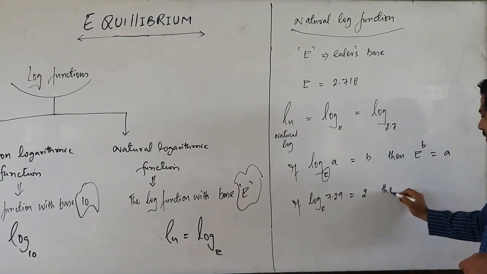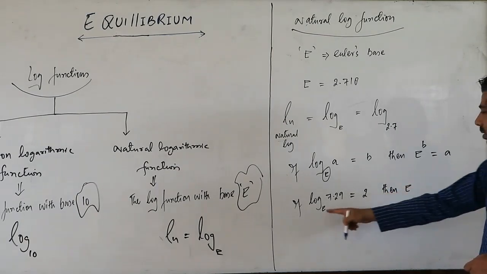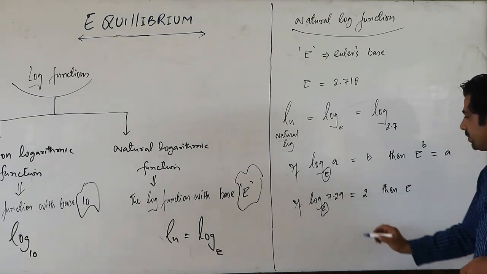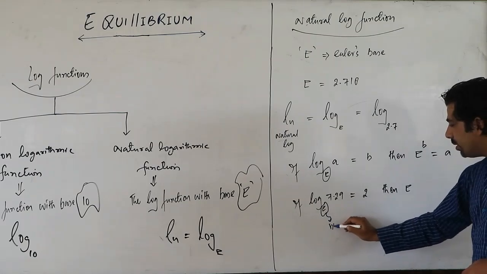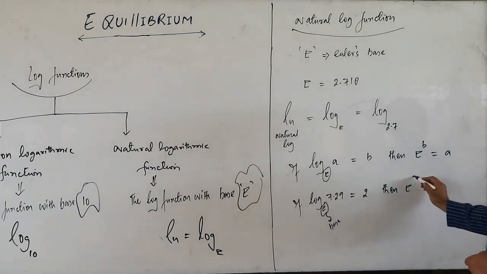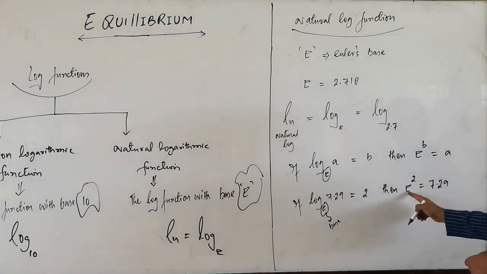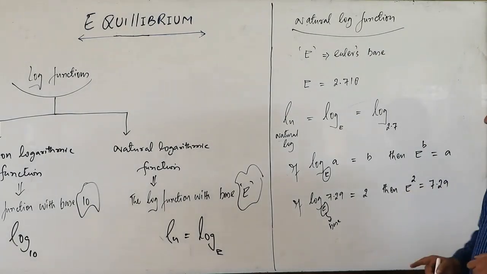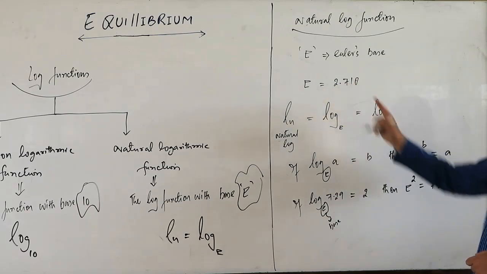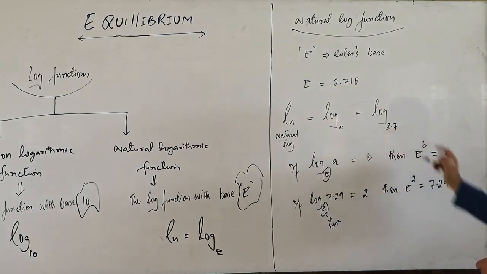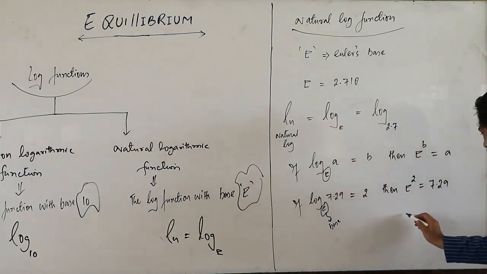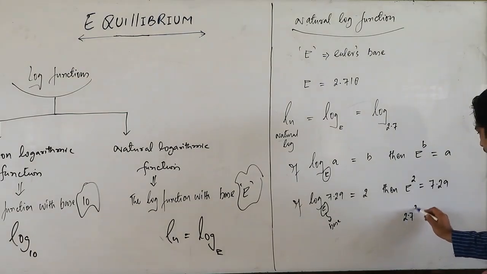Then my expression is e to the power, this is the base, take the base here, and take this as power, e to the power 2 is equal to 7.29. And we know that e value, how much is e value, my dear friends? 2.7. So it will be also equal to 2.7 raised to the power 2 is equal to 7.29.